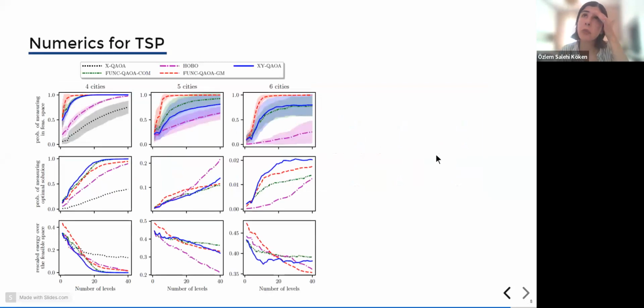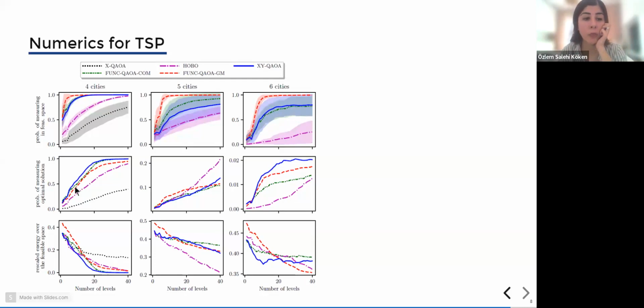And we also did some numerics for the TSP problem, but it is limited to 6 cities. The first row is probability of measuring in the feasible space, and our fine QA is labeled by red. This is the one with Grover mixer, and you can see that it reached probability 1 here.